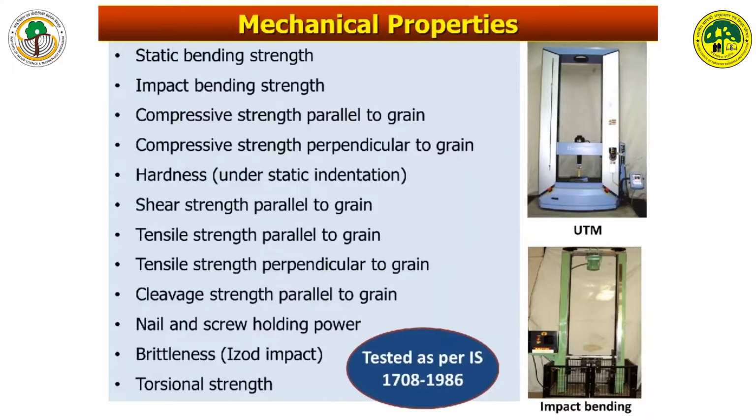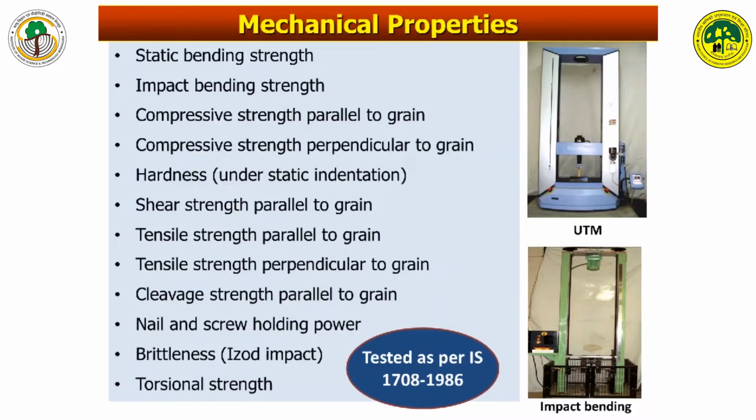These are the different mechanical properties like static bending strength, impact bending strength, compressive strength parallel to grain, compressive strength perpendicular to grain, hardness, shear strength, tensile strength, cleavage, nail and screw holding power, brittleness, torsional strength.